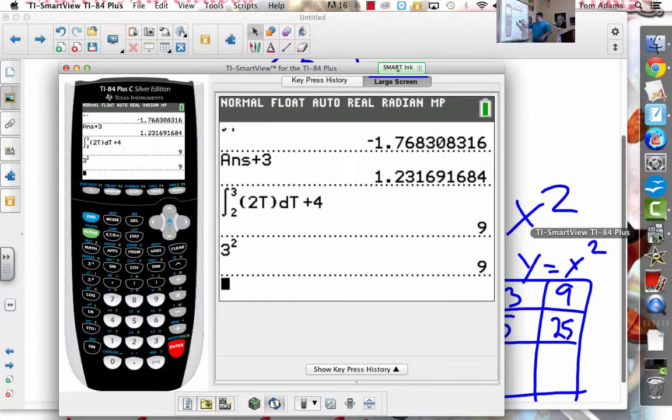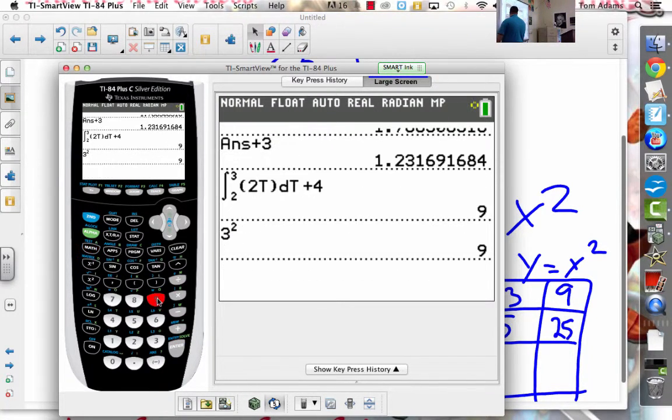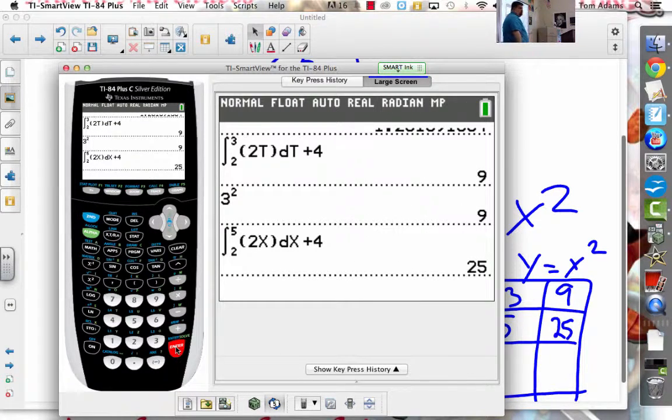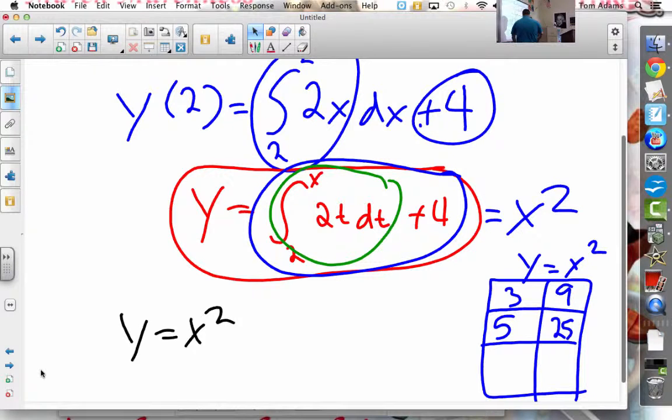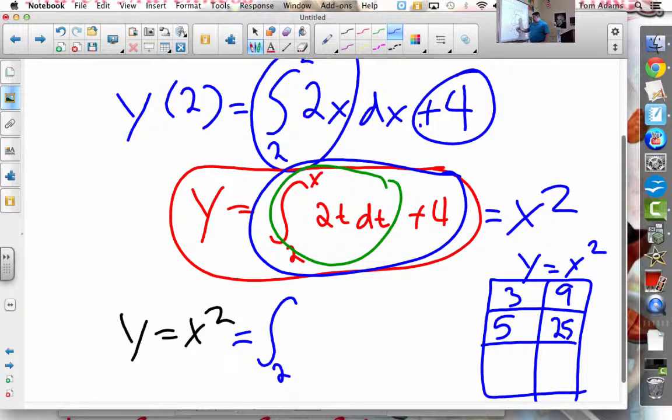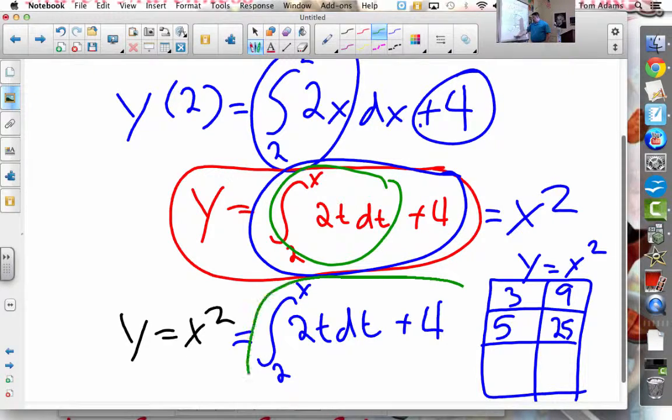If I take the same setup, and I go math, and I go from 2 to 5, and I'm just going to plug in the x now that you kind of know what we're doing, and then I say plus 4, I should get 25. So this isn't written the same way, but these two mean the exact same thing. Mathematically speaking, they will get me the same answer. This is the same as this.